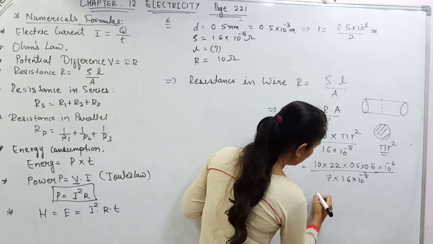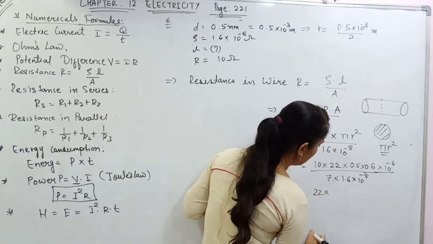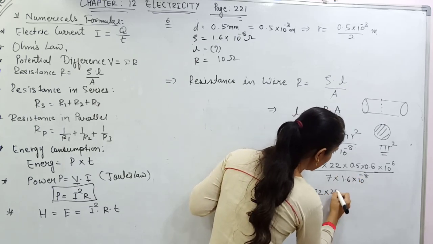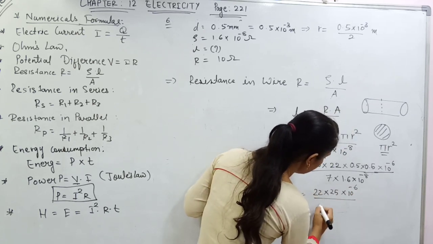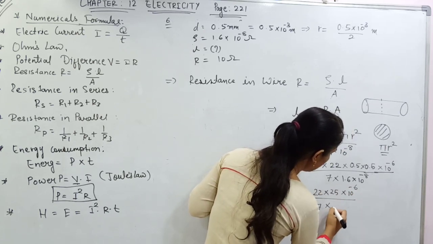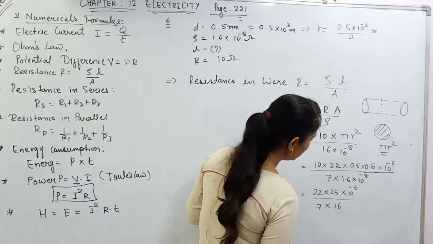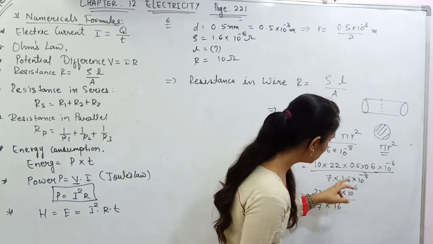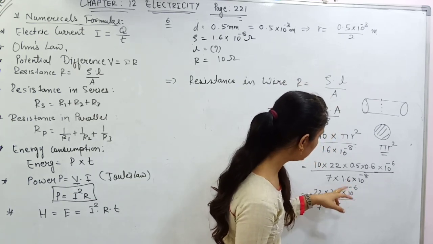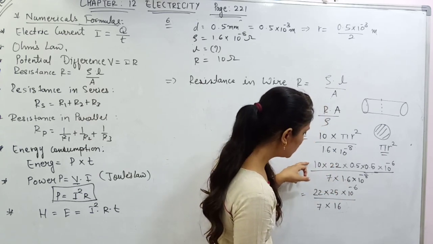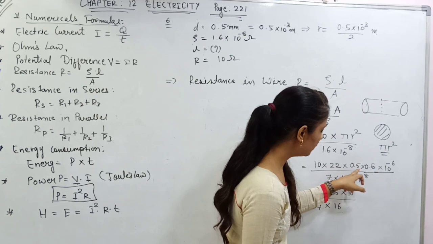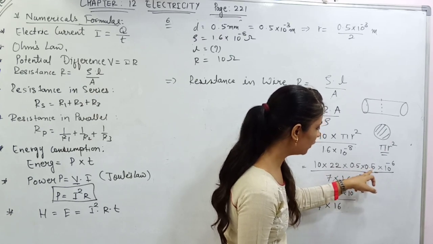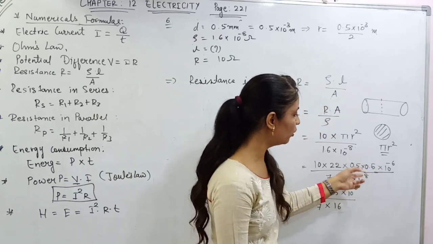So what I will get, over here it is 22, multiply 5 fives are 25, multiply by 10 raised to minus 6, divided by here it is a 7, multiplied by 1.6, but that will be 16 upon 10. So 16 upon 10 will be multiplied over here, so it will be 100. So that 100 is divided by these 100, because 0.5 and 0.5, that is 25 upon 100.